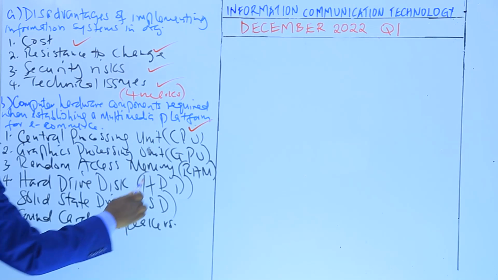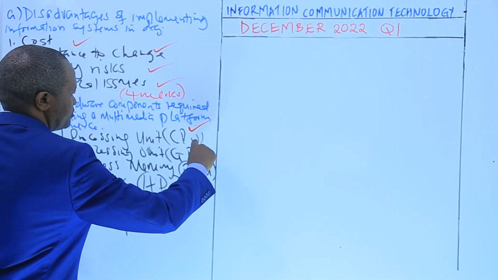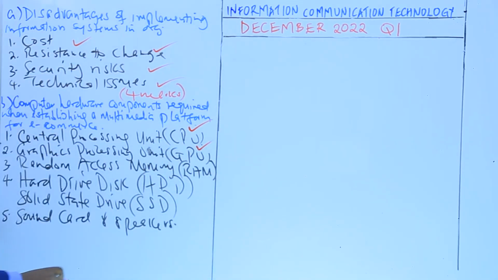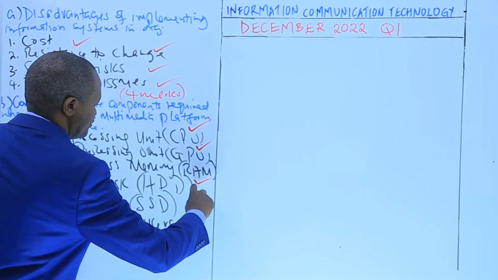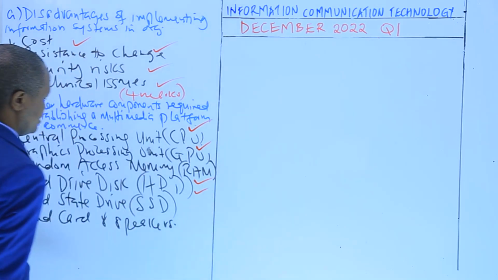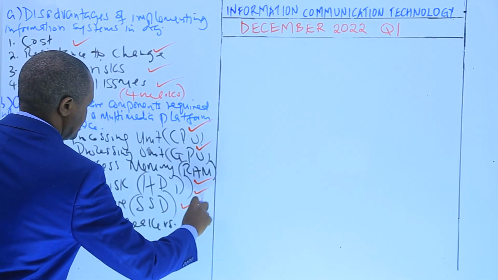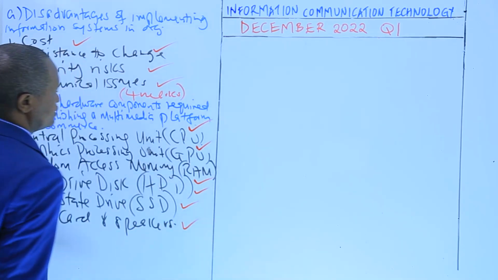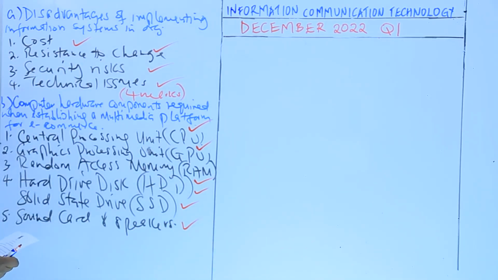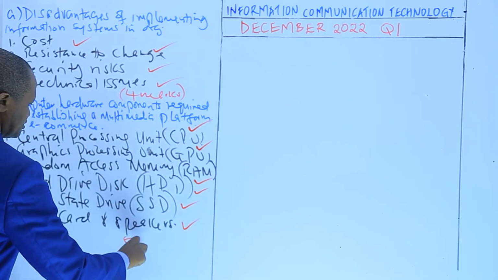Then we have the GPU, graphics processing unit, the random access memory, the hard disk drive, the solid state drive, and sound card and speakers. These are 5 components, 5 marks.